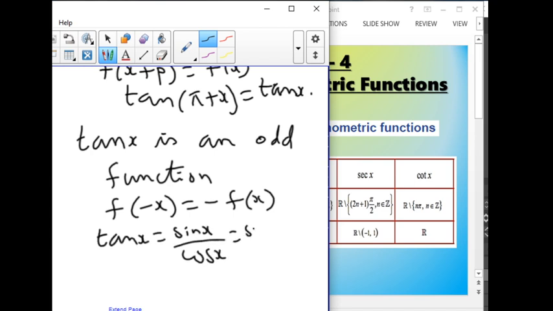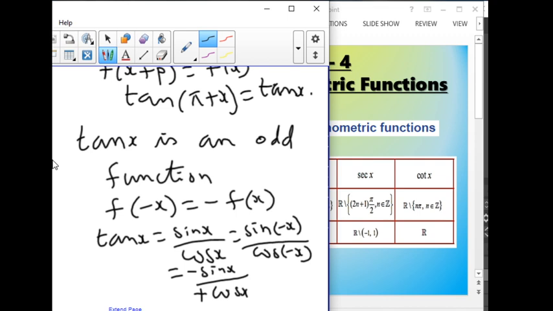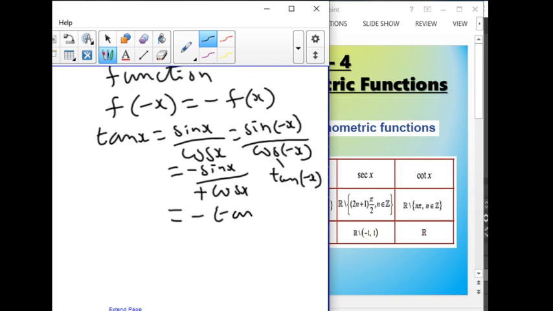Tan of minus x is sin of minus x by cos of minus x. Sin of minus x is minus sin x and cos of minus x is plus cos x. Therefore tan of minus x will be equal to minus tan x. Therefore tan x is an odd function.